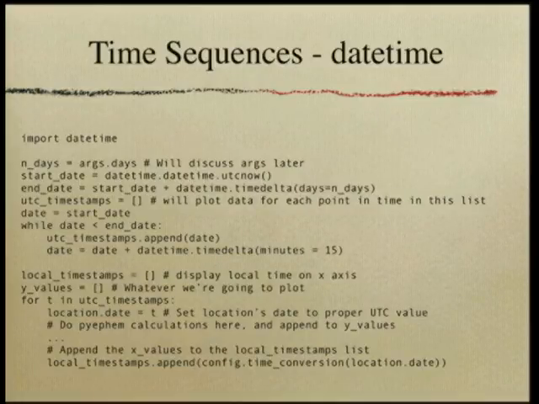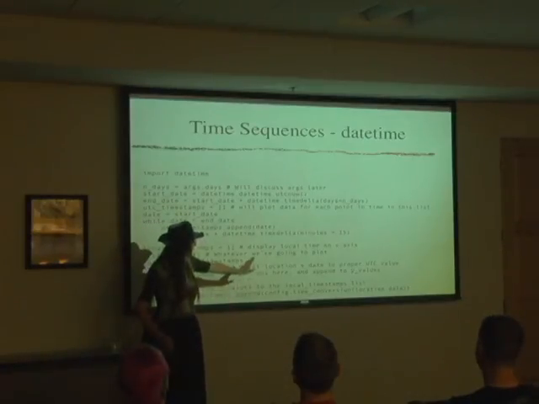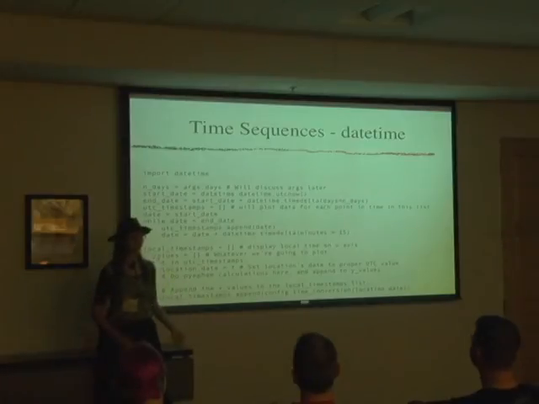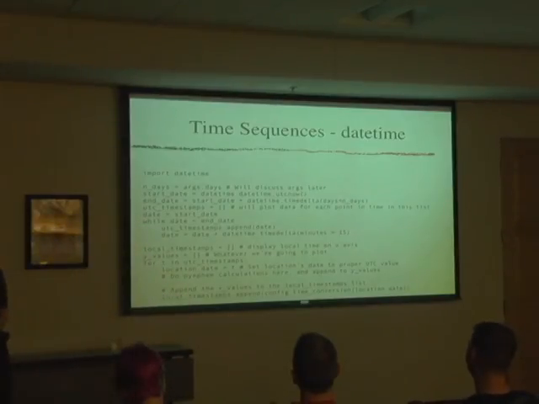And then you do whatever your calculations are, you append them to the Y value list, and you also append your local times. So, oh yeah, time conversion, that's ephem.localtime. I put something fancy in there that I've never used so that I could have different time conversions if I was in a different time zone, but I haven't actually used that yet. So that's the way I would make it with datetime.